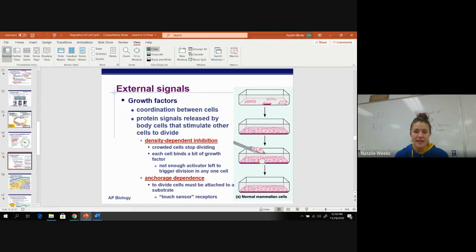Anchorage dependence is because cells have to be anchored to a substrate. If I have a flask full of broth with a bunch of cells in it, the cells that are going to divide are going to connect to the glass. They're not just going to divide in the broth. They have to be attached to a substrate, because they have to be touching something else in order to divide.